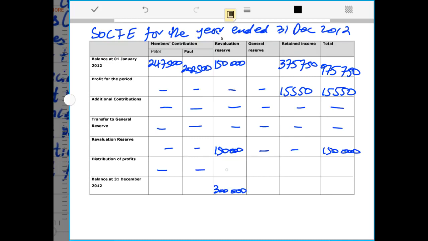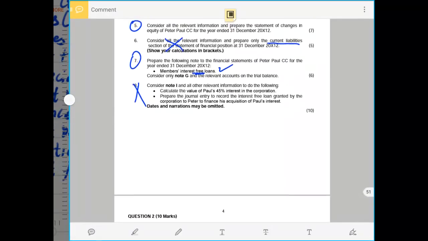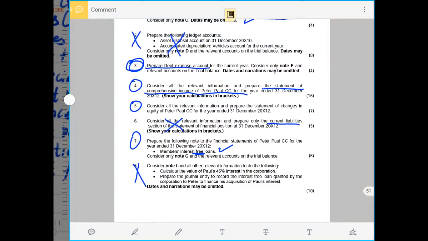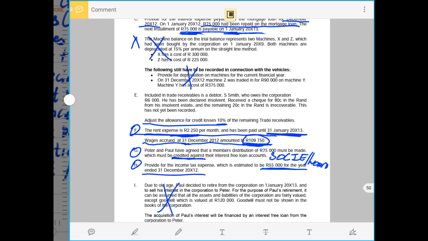And there was a distribution, and I think it was 75,000 rands if my memory still serves me. 75,000 rands was the distribution that the members decided upon, and that was adjustment number... which adjustment was it, where members decided to distribute a portion?